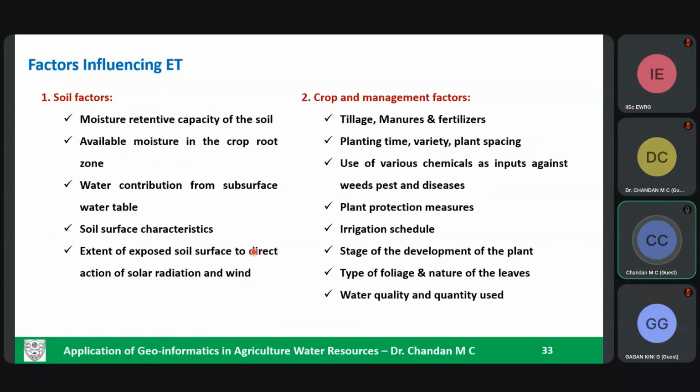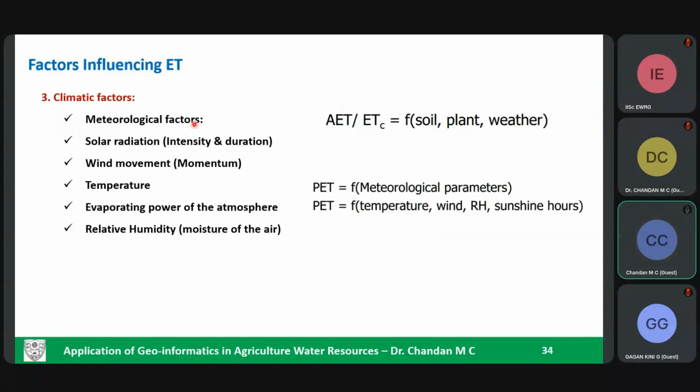There are certain factors that influence evapotranspiration. One of them is soil factors, such as what kind of soil, the water absorption capacity, etc. Then you have the crop and management factors with respect to irrigation, the pesticides being used, etc. Then we have the climatic factors.